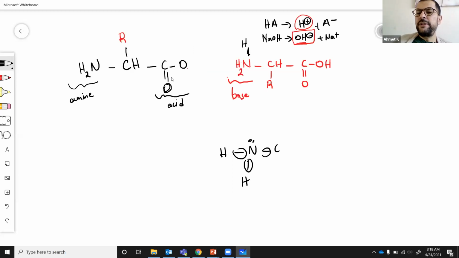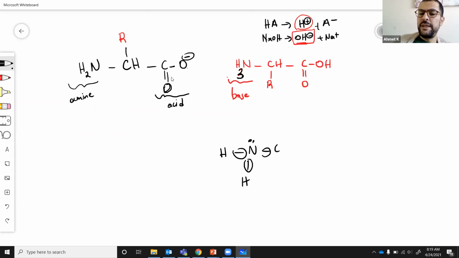Make sense? And whenever I do that, this O is going to have a negative charge, because we lost the hydrogen. You don't have to worry about this, but we actually showed how to calculate the formal charges. And now this nitrogen, because it accepted another hydrogen, how many hydrogens do we have? We have 3 of them, right?